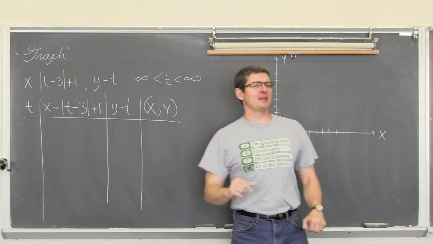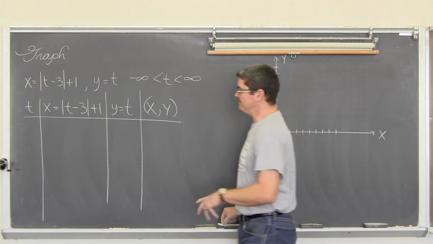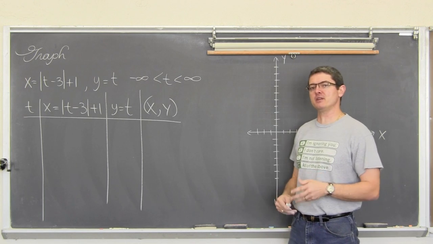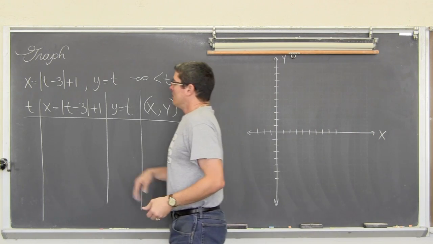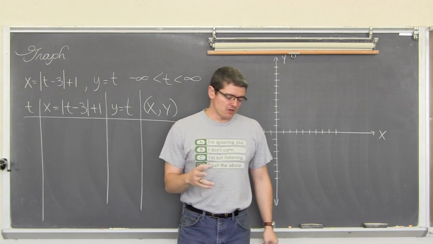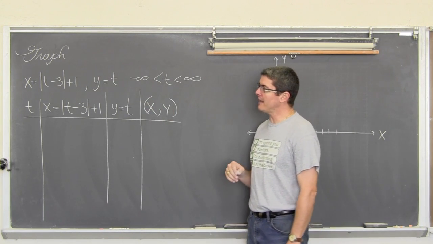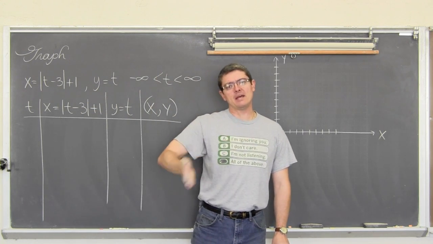Our third example has an absolute value function in it. So we have t ranging from -infinity to +infinity, so there's going to be no end to this graph. X does have an absolute value function in it, and y is a linear function. Now, absolute value functions generally will have some kind of sharp bend in them.